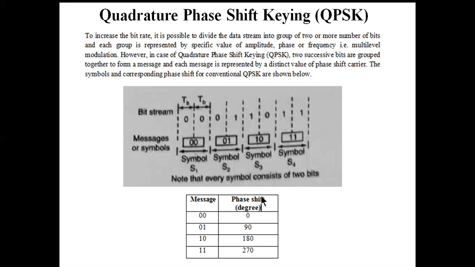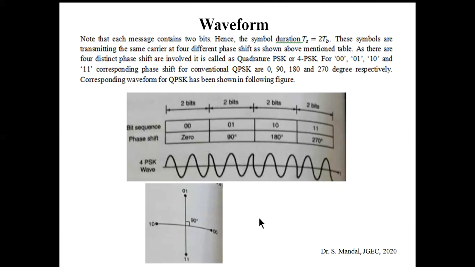Now for conventional QPSK, for messages 0 0, 0 1, 1 0 and 1 1, the corresponding initial phase angles will be 0, 90 degrees, 180 degrees and 270 degrees respectively. So for the bit sequence 0 0, the phase shift is 0, and the corresponding QPSK will look like this.